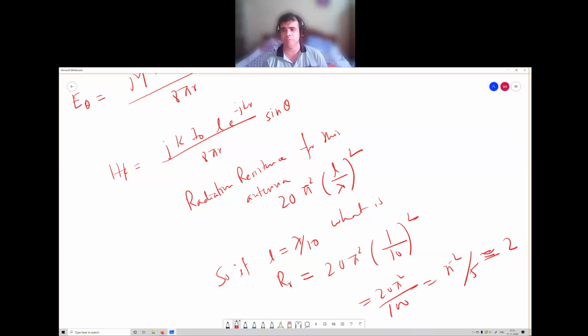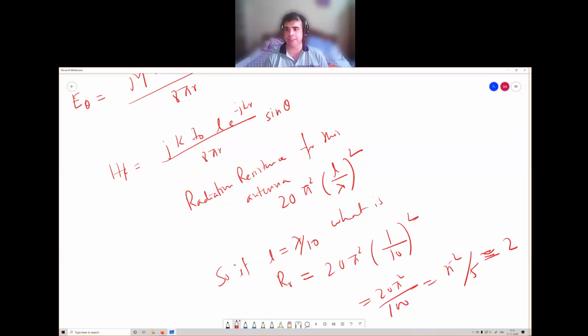So it is somewhat easier: it was 0.3 ohms in the Hertzian dipole case, now it is 2 ohms. So it is larger but still very difficult to manage.